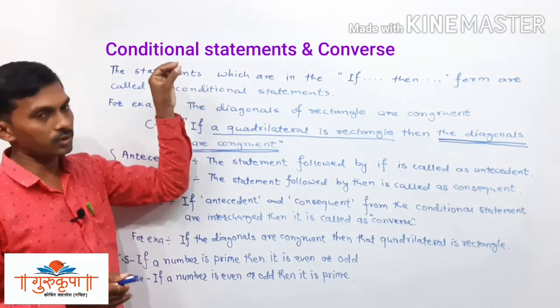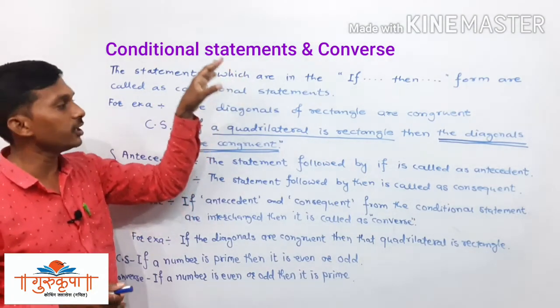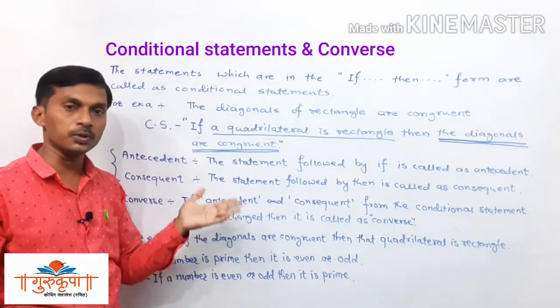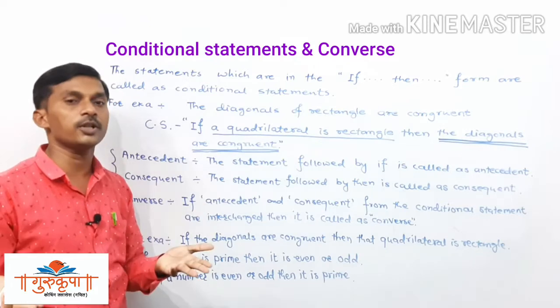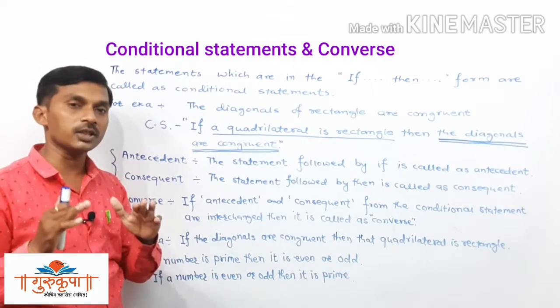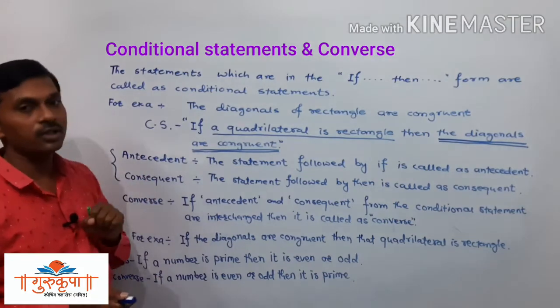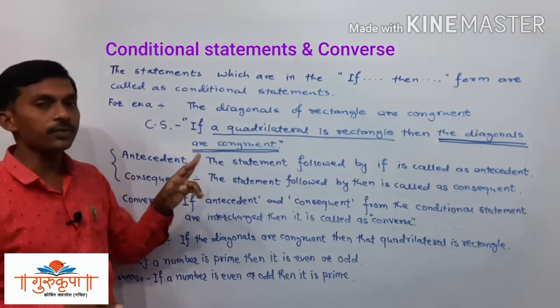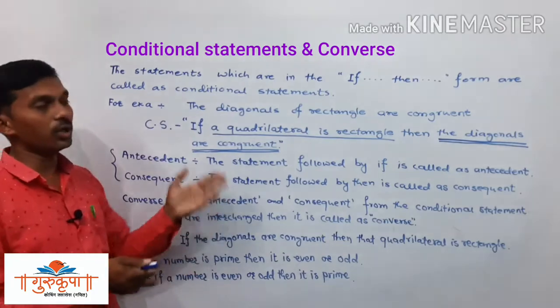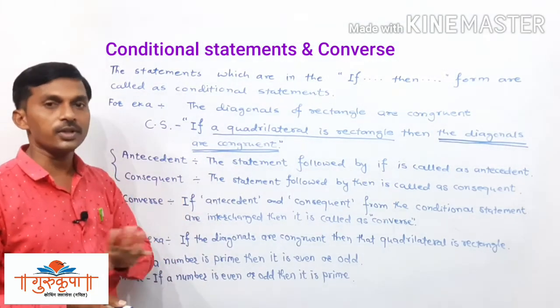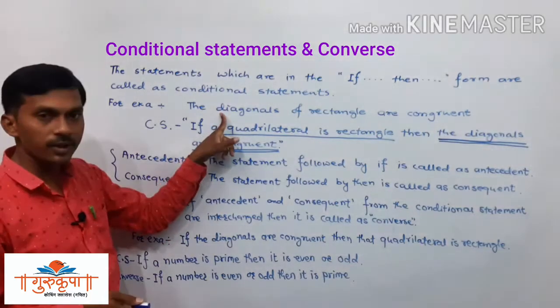If you have to study geometry carefully, then it is very important to simplify a theorem or to prove the theorem or the property. And while proving, we have to use these concepts: we should know the antecedent, the consequent, and how to write the converse of the given statement. That is very important.